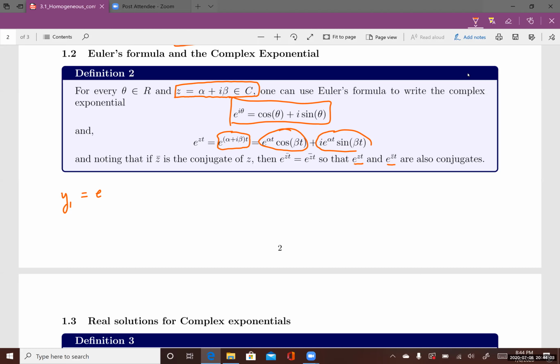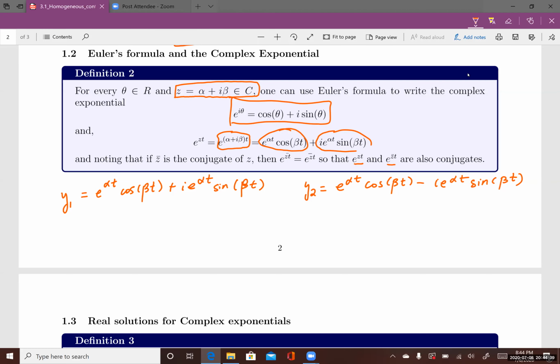So y1 is going to be e to the alpha t cosine of beta t plus i e to the alpha t sine of beta t. And then y2, the second solution, will be e to the alpha t cosine of beta t minus i e to the alpha t sine of beta t.